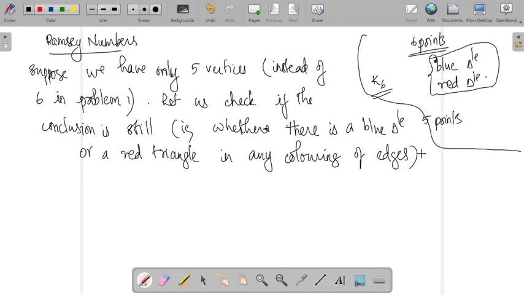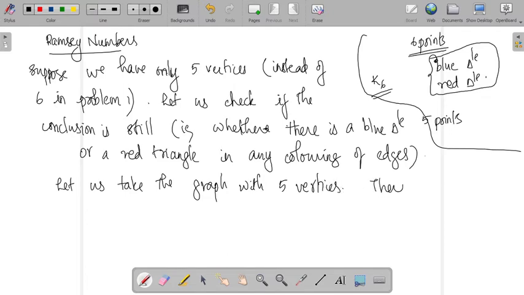So let us take the graph with 5 vertices. So 5C2 is equal to 10, so there are 10 edges.